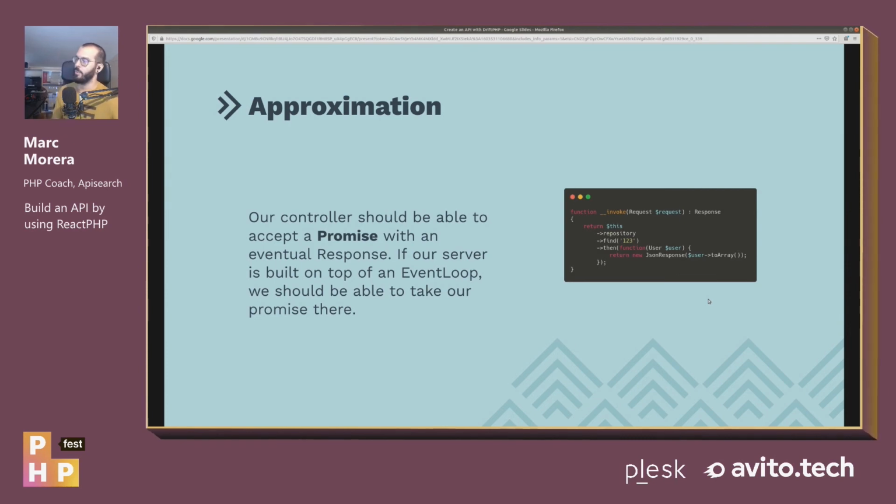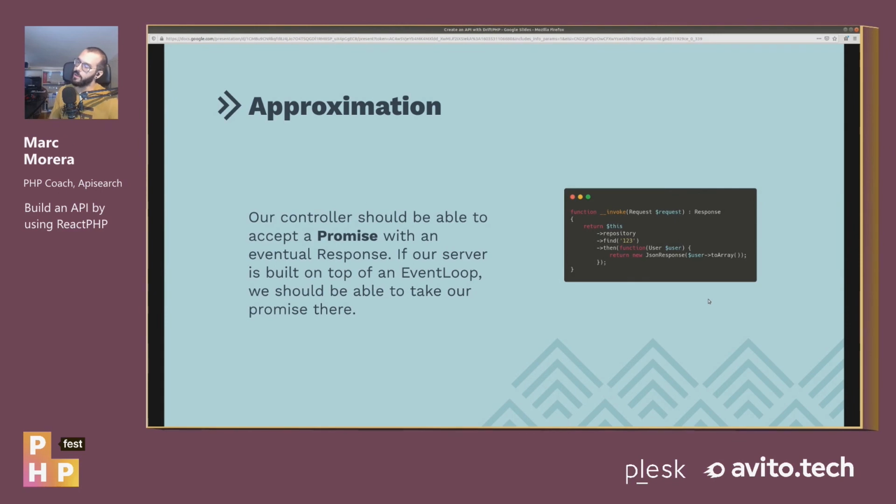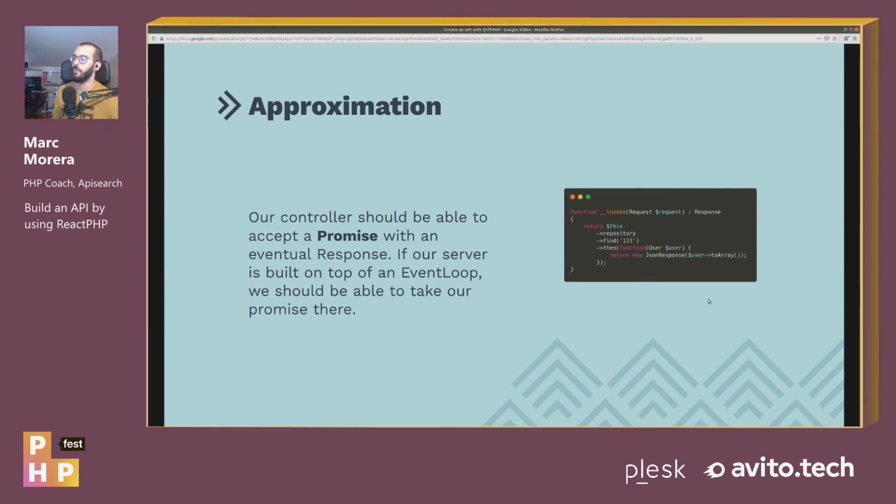That means that if we return a promise that can eventually handle a response inside, that could be good. And at the same time, we could take that promise and pass it directly to the server, which is actually what handles the event loop, so we should focus on that.